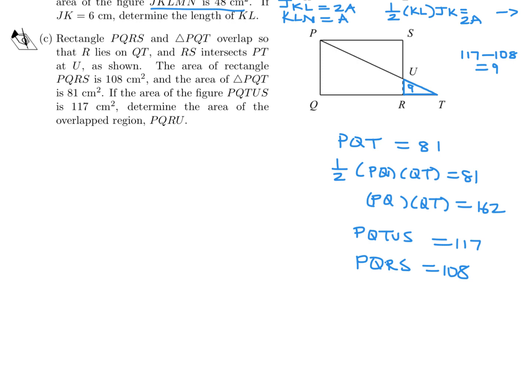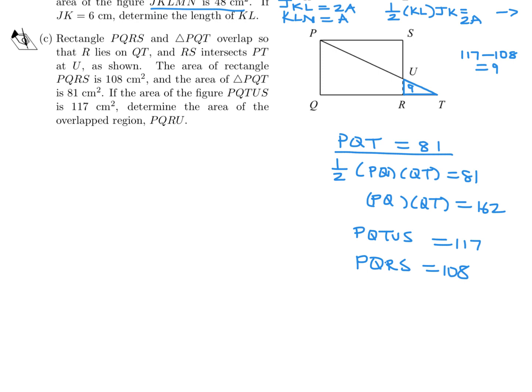PQRU. Okay. Well, that shouldn't be that hard now. Since, I'm just trying to see if I'm missing something. Well, I think that's it then. Because PQT, they told me, right? PQT is 81.